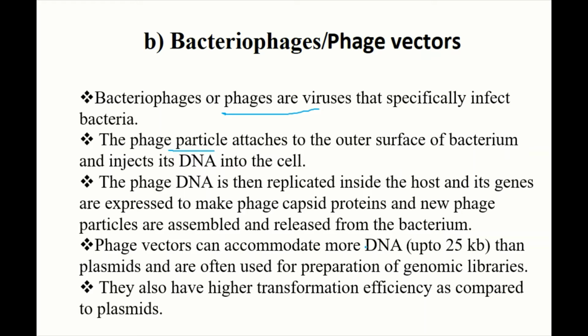These phages can accommodate up to 25 kilobases of DNA, and this is more than the plasmids and are often used for preparation of genomic libraries, and they have, of course, a higher transformation efficiency as compared to plasmid.